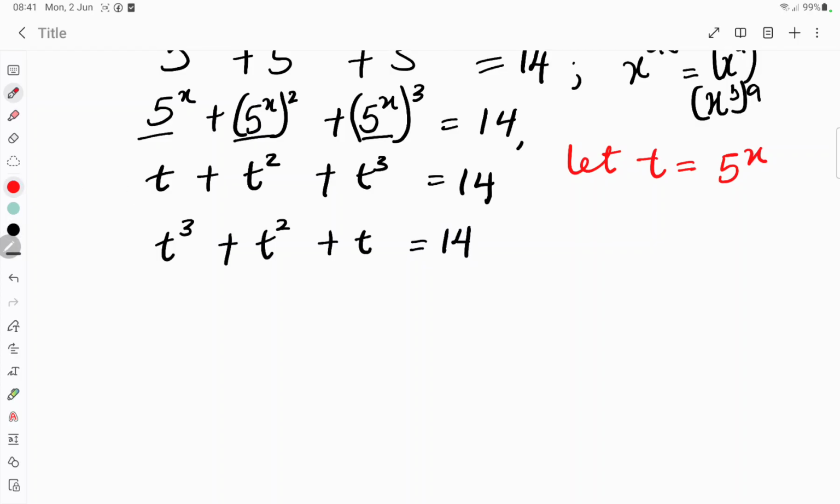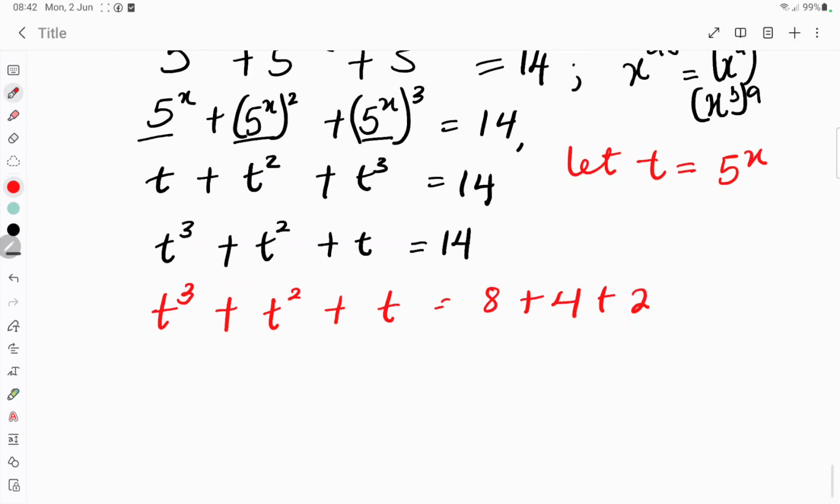Now we can write this 14 in terms of power. So we write that t cubed plus t squared plus t is equal to 8 plus 4 plus 2, because 8 plus 4 is 12, 12 plus 2 is 14. But we want it in terms of power.